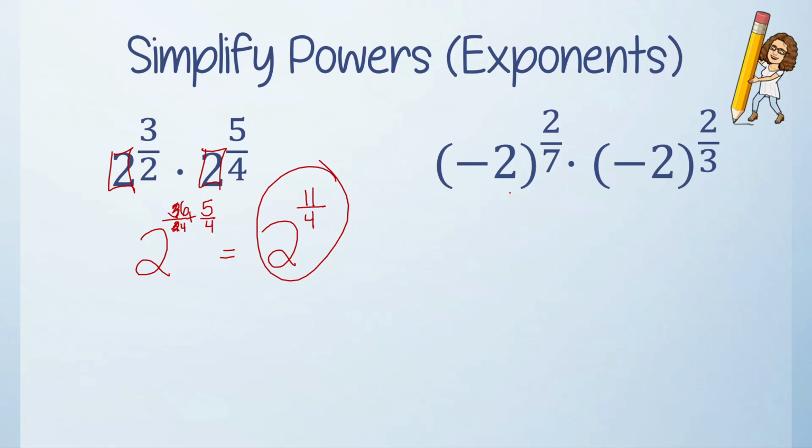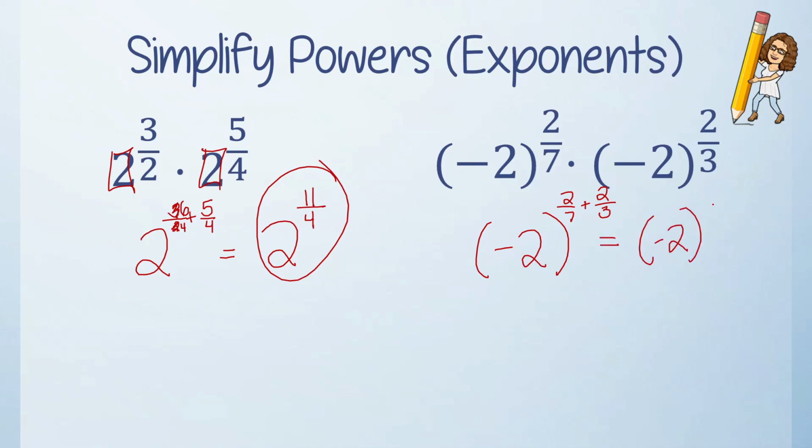The next problem, I have -2 to the 2/7 times -2 to the 2/3. Notice, again, I have the same base. I have -2. So I'm just going to add my exponents. So I'm going to go -2 to the 2/7 plus 2/3. Common denominator, 21.